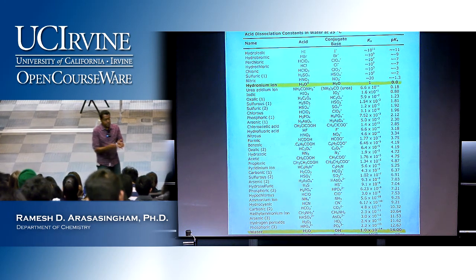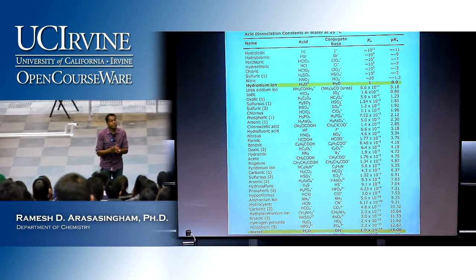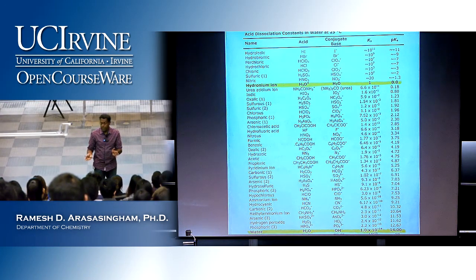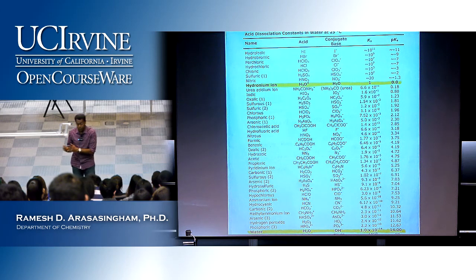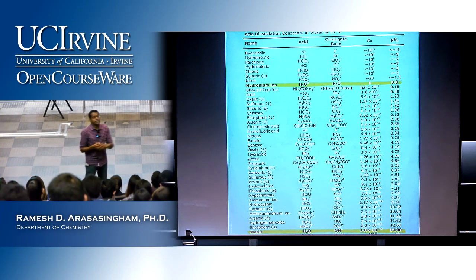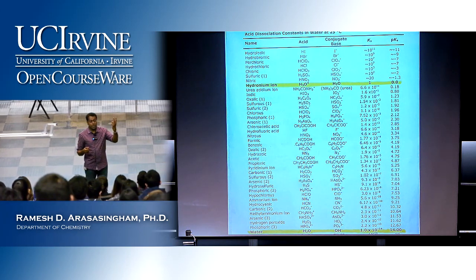If the acid is weak, its conjugate base is also weak, because Ka times Kb has to be 10 to the negative 14. So if Ka is 10 to the negative 2, is that a weak acid or a strong acid? It's a weak acid. All right?